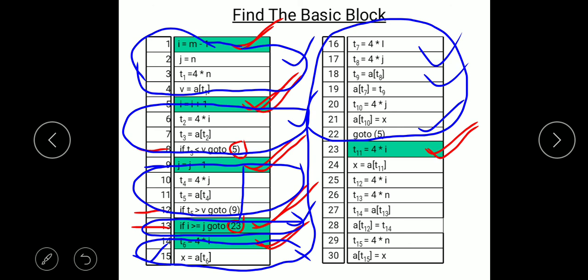22. And what would be the next leader statement? 23. So what would be the next basic block? It starts with the leader statement and includes all the other statements.